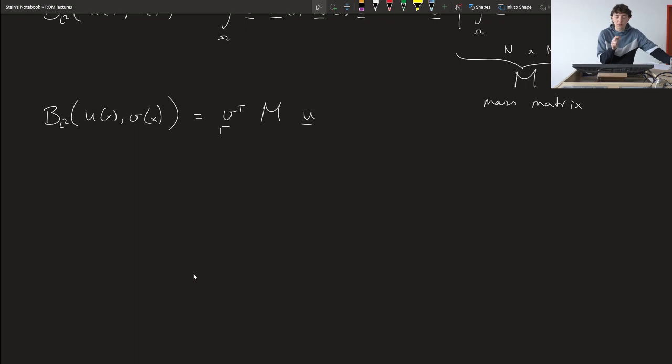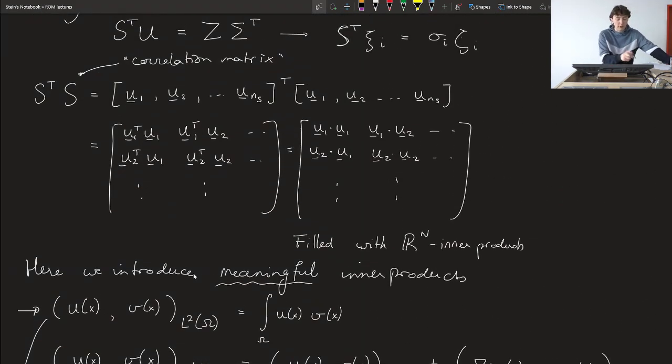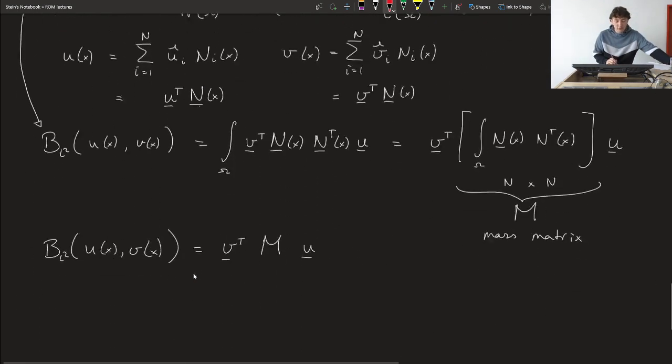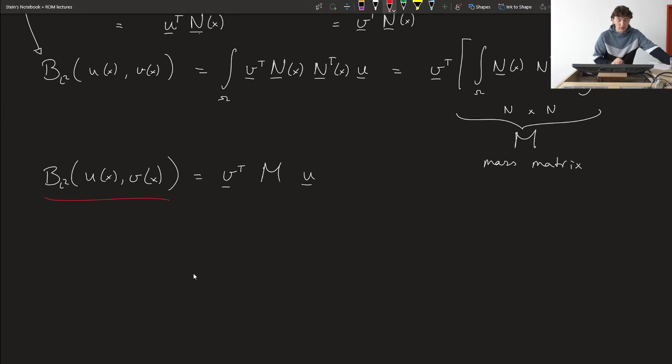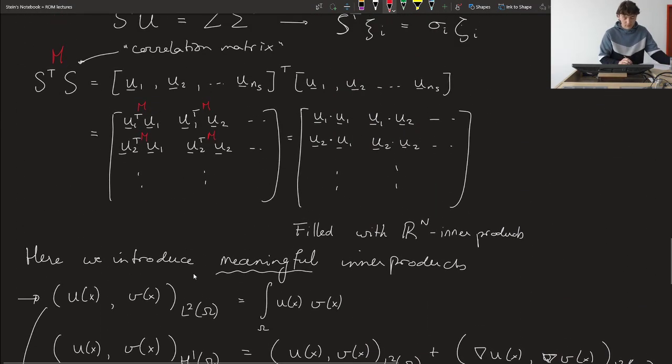So we want to put this mass matrix in there, and we can actually very explicitly do this, because if I literally put a mass matrix in between the S transpose and the S, the way that the matrix multiplication works out, you would simply get the mass matrix in between all of these. And that is exactly what's giving you now the L2 inner product. Yeah, at this point my notes are not very linear anymore, so maybe I'll add an arrow.